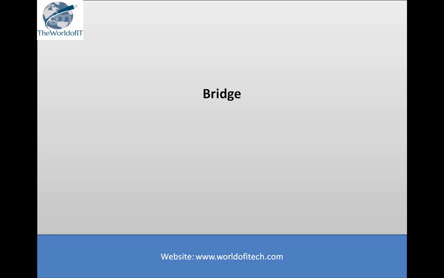Bridges have mostly fallen out of favor in recent years and have been replaced by switches, which offer more functionality. In fact, switches are sometimes referred to as multiple bridges because of how they operate.